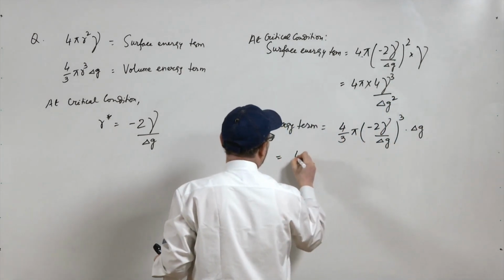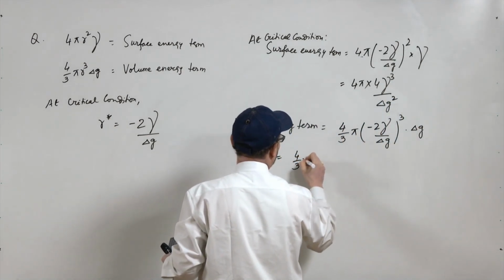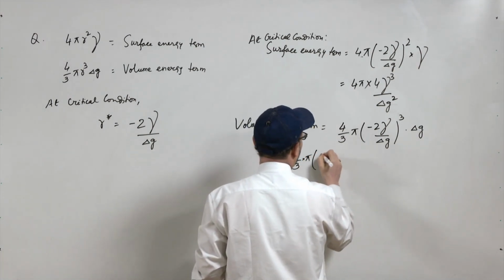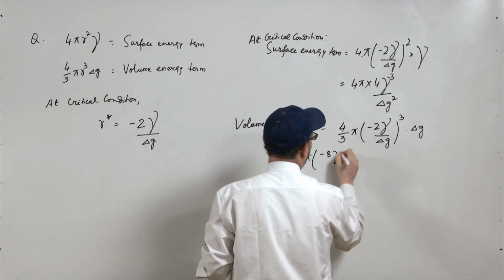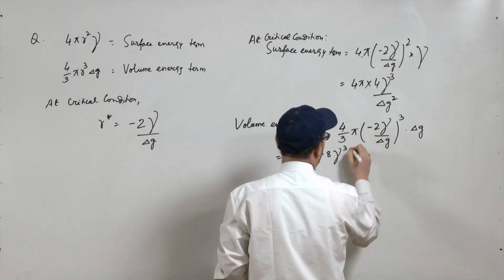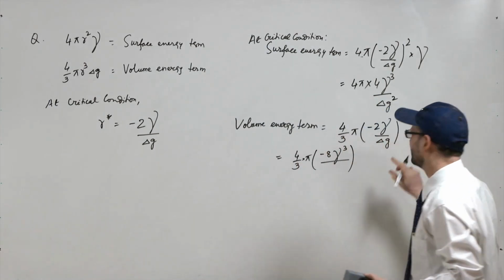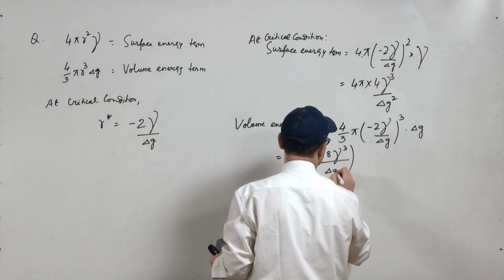So, it will be 4 by 3 into pi into minus 8 gamma cube upon delta g cube into delta g, so it will be delta g square.